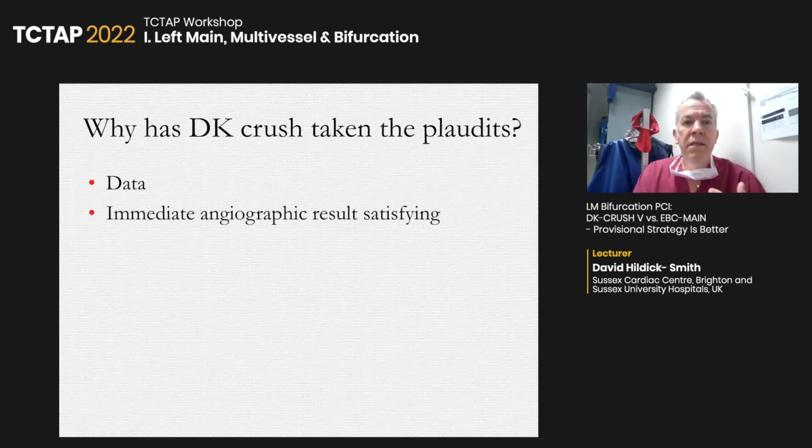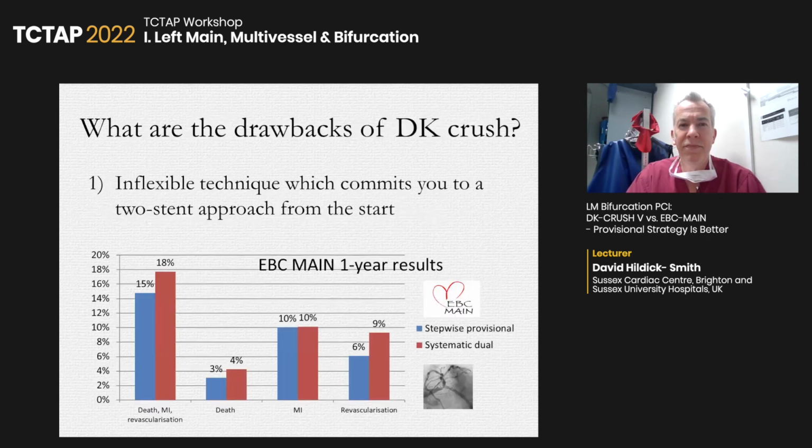I think, of course, the immediate angiographic result is satisfying, and that may be important in some geographies more than others, where the patients actually get to see the outcomes. The pleasing nature of an immediate two-stent outcome is sometimes greater than a provisional strategy where you've done a stent and a kiss, but that doesn't mean that the medium to long-term outcomes are better.